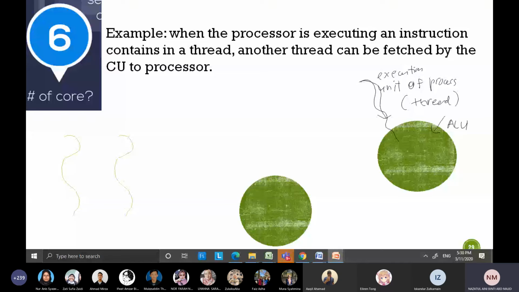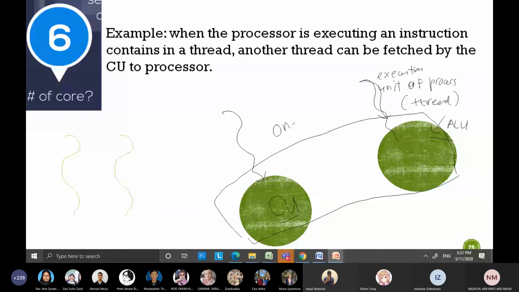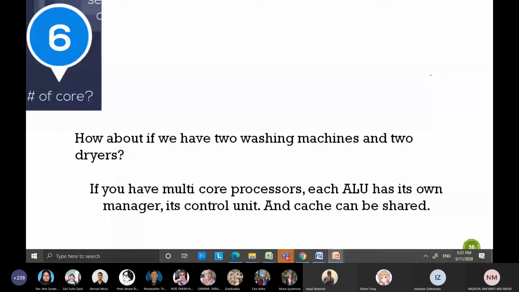Another thread can be fetched by the CU at the same time. So this is inside one core. So what is multi-core? That's inside one core. You get me there?